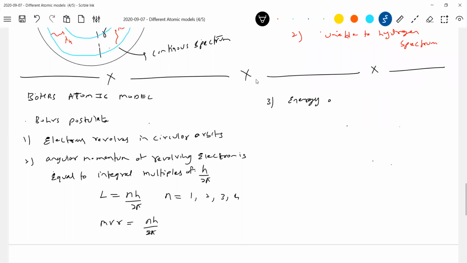Energy of the electron is quantized. Next, what does he say?